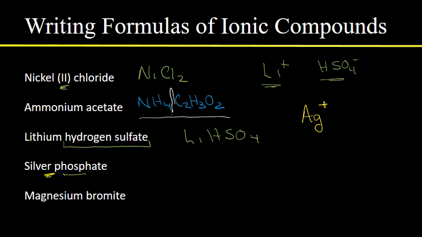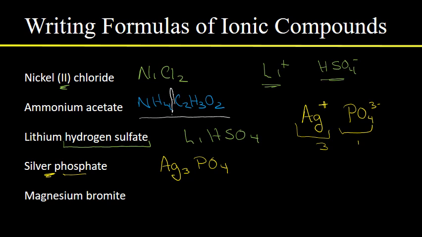And then phosphate is one of the polyatomic anions that we've memorized, PO4 3-. So if we're combining these, you can make that little table again. When you make the table, you'll see that you're going to need 3 of these and 1 of those. And so the formula will be Ag3PO4.